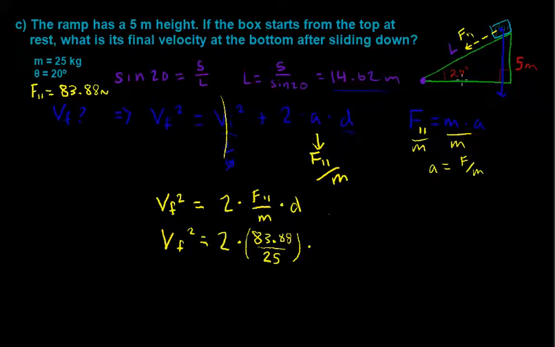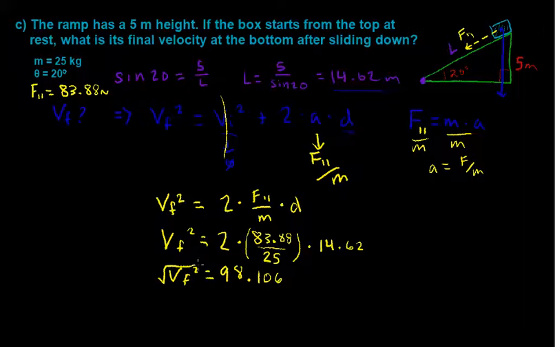And our distance that we traveled was 14.62 meters. And what we're going to do is multiply this out so that our final velocity squared is equal to 98.106.